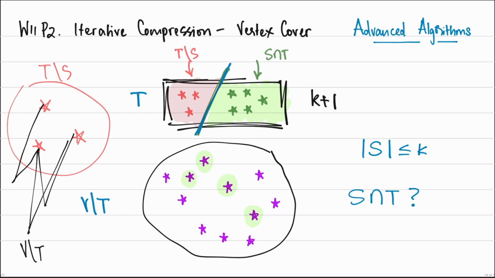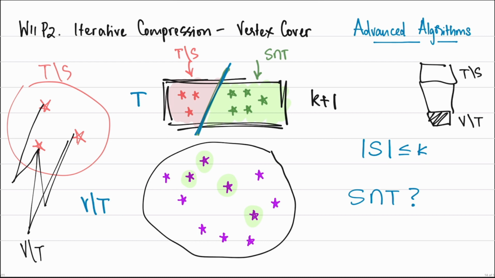We've decided not to cover them from the other side. So they have to be covered from the V minus T side. So essentially what we are doing is we are saying, well, look at T minus S and look at its neighborhood in V minus T.